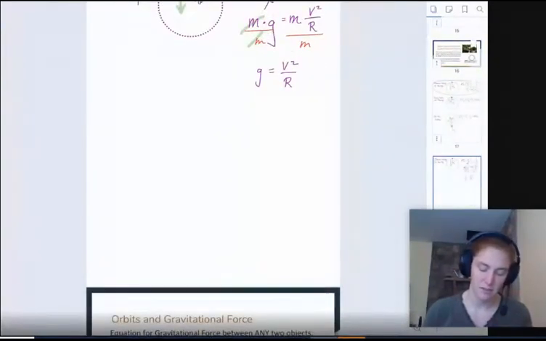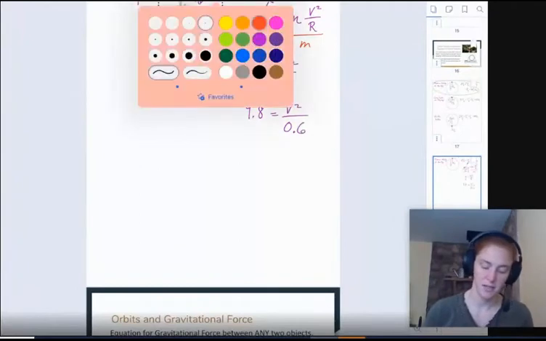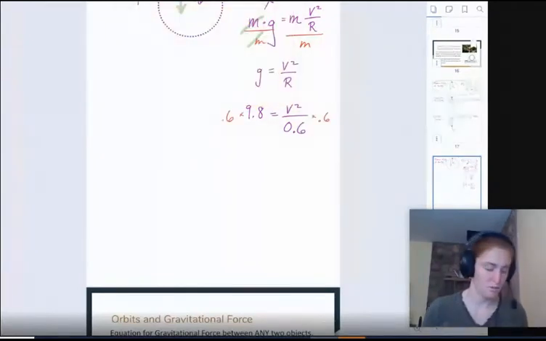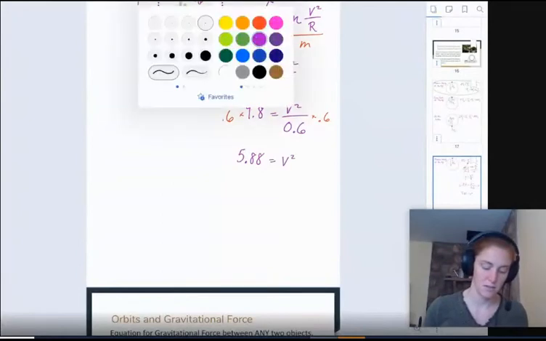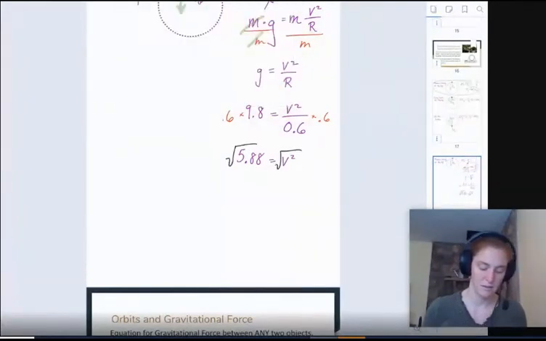So g, which is 9.8, is equal to v squared over 0.6. I'll multiply both sides by 0.6. So 0.6 times 9.8 is 5.88, and that's equal to v squared. So then all I need to do is square root both sides, and I get a velocity of 2.42.